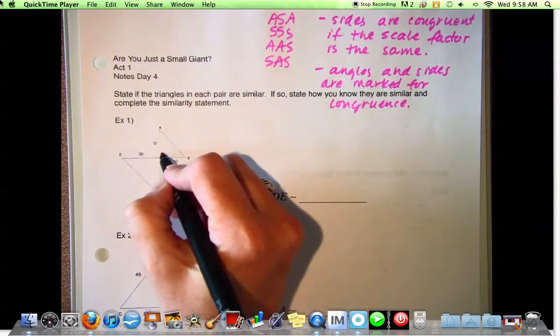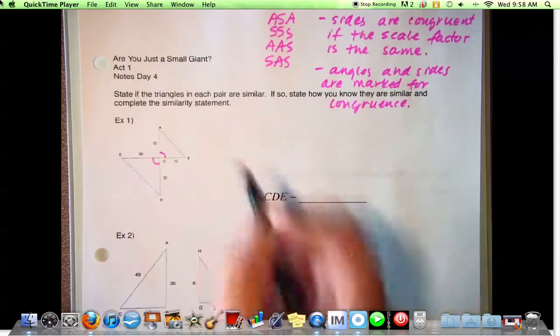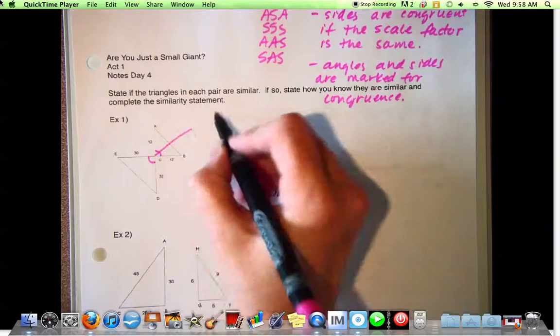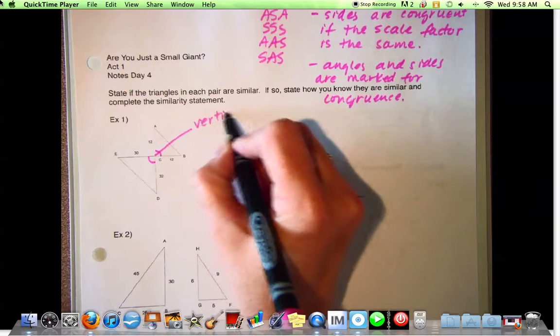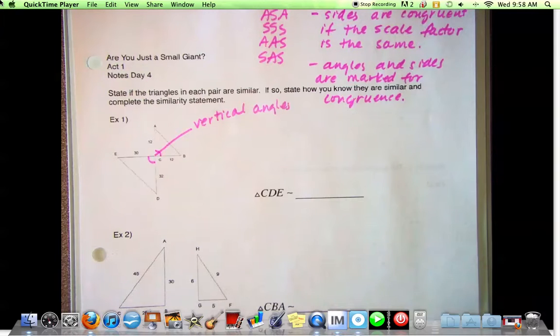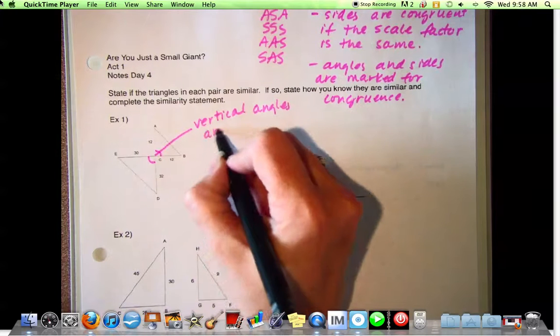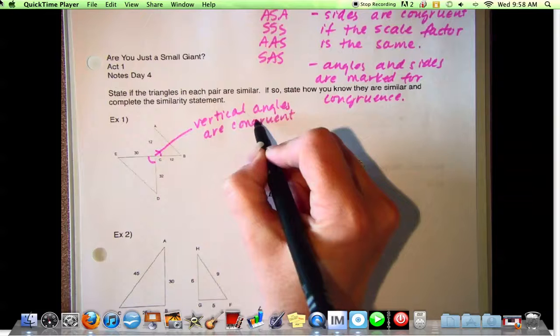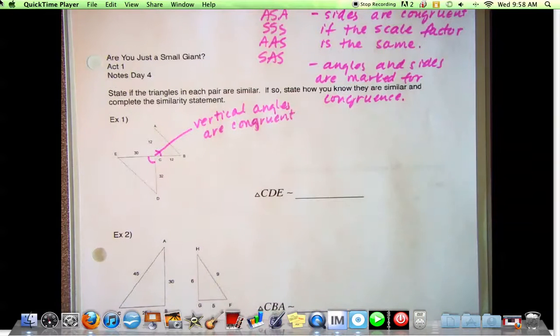What we do know is that these angles right here are what we refer to as vertical angles. And vertical angles are always congruent. So they don't have to be marked, but we know that those are congruent.